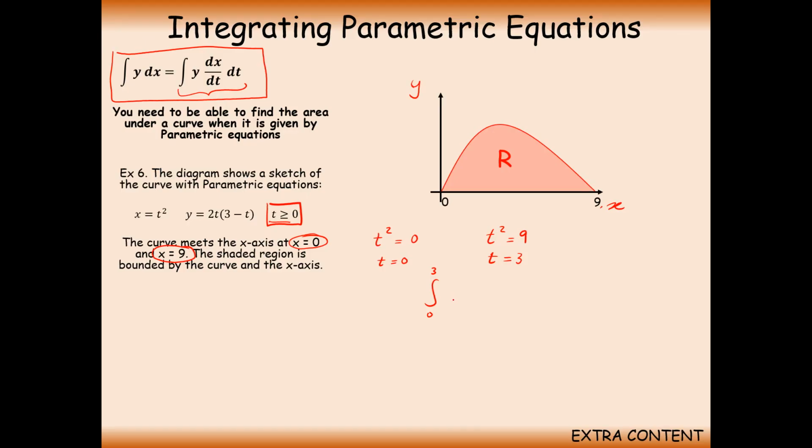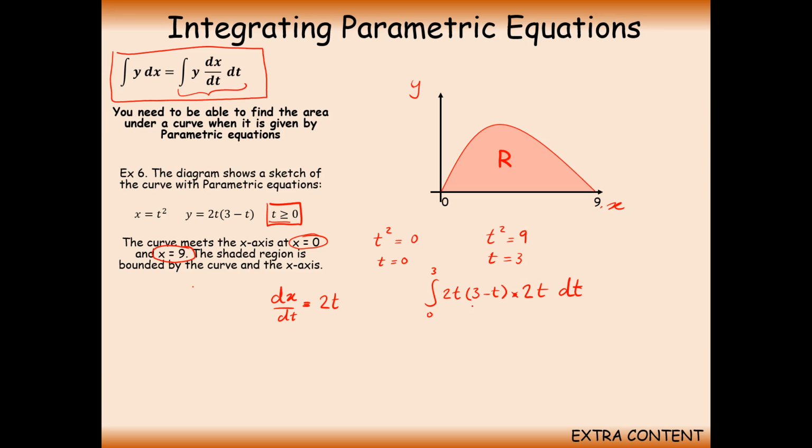We are going to put the definition of y as it is under the integral, multiply that by dx. What is dx by dt? dx by dt is 2t. Write this there, 2t, and we're going to integrate with respect to t now.